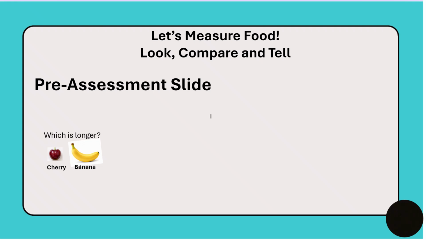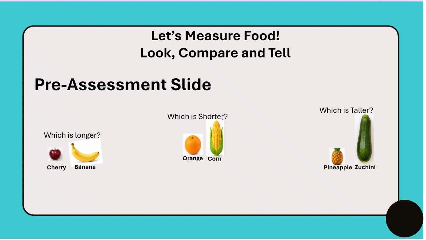I will show a pair of foods on the screen and ask them which one is longer, banana, which one is shorter, orange, and which one is taller, pineapple. This quick activity shows that students can see size differences before we start using numbers.